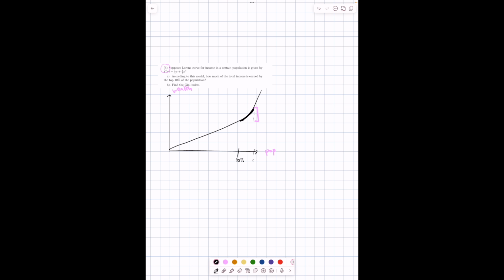A diagram here. Basically, for the first problem, we need to find the total income earned by the top 10%.